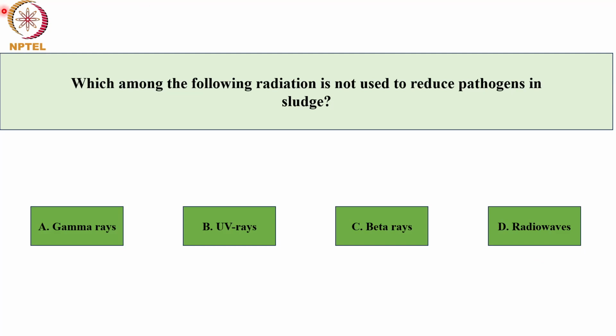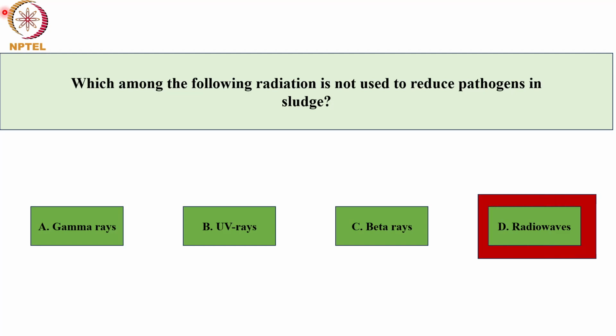Radio waves. Yeah, because all these three, gamma rays, UV rays, and beta rays, have higher frequency and higher energy, and that can destroy the cell wall of the bacteria, to destroy the bacteria or pathogens.